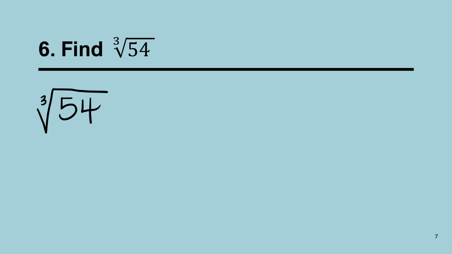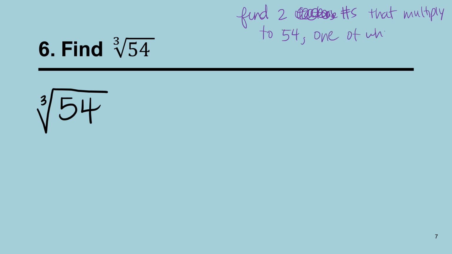If you have a number that is not a perfect cube, you're going to find two numbers that multiply to, in this case, 54, one of which is a perfect cube this time. When we were doing the square roots, we wanted one of the factors to be a perfect square. Since we're doing cube roots, we want one of the factors to be a perfect cube.